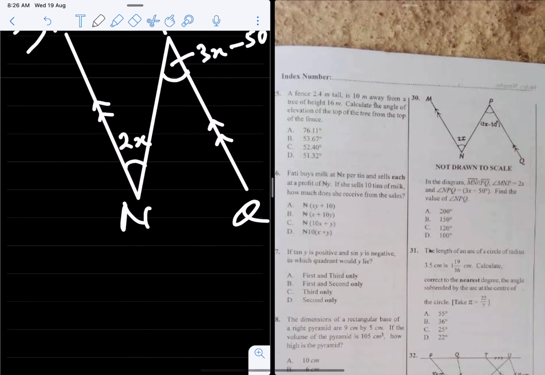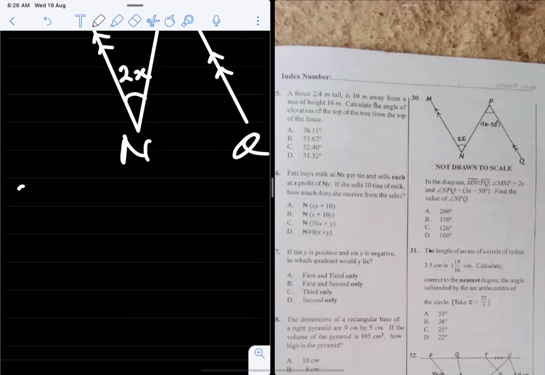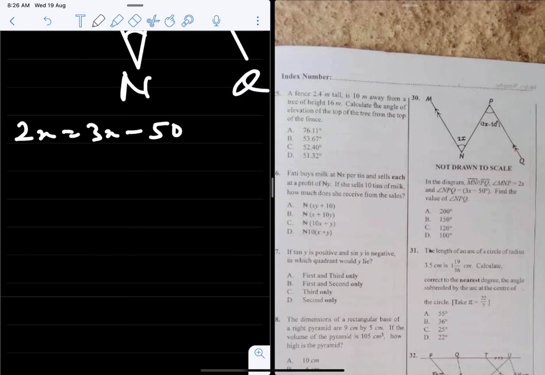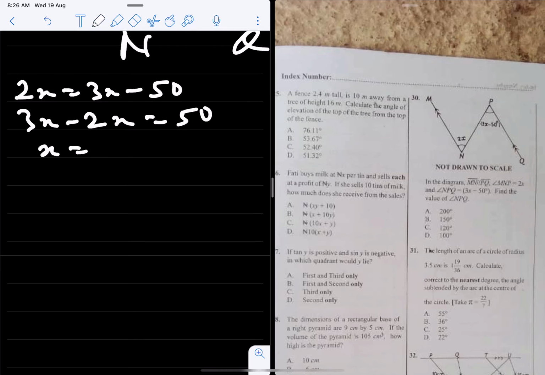2x equals 3x minus 50 because they are alternate angles. And that simply means 3x minus 2x equals 50, which means x equals 50 degrees.